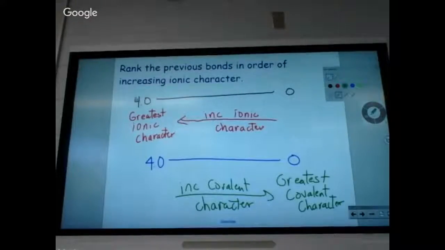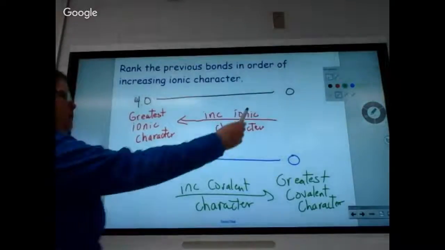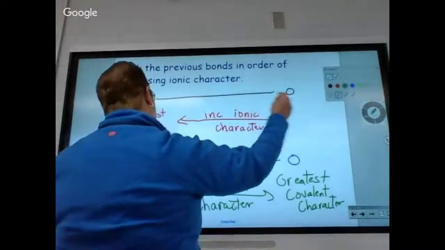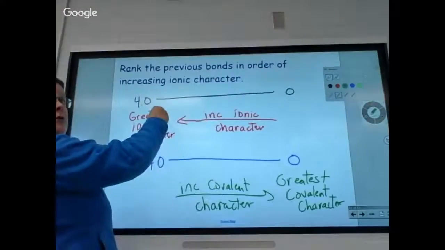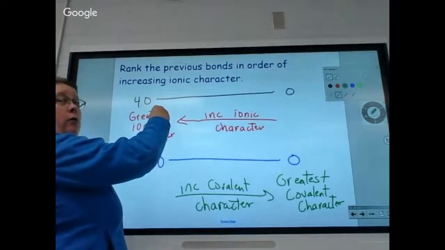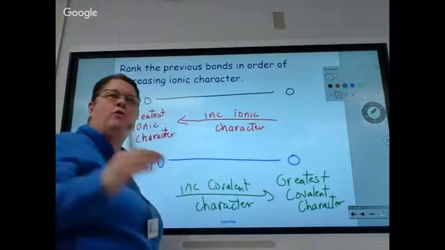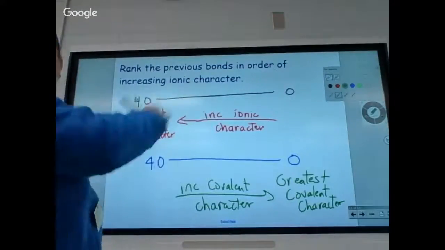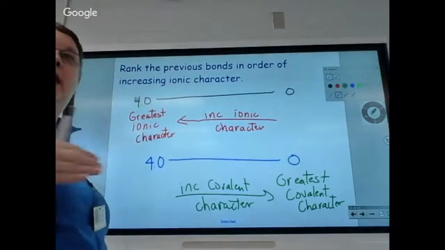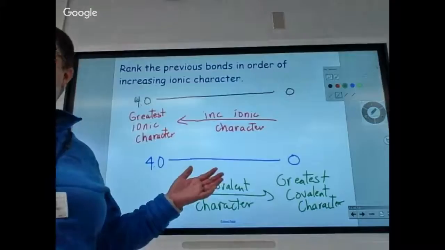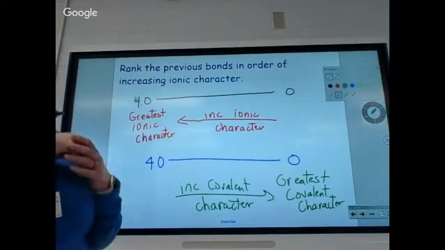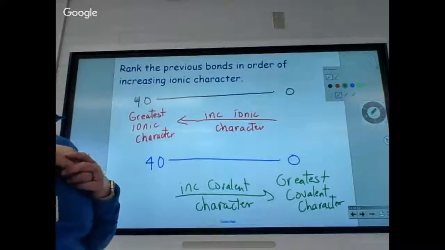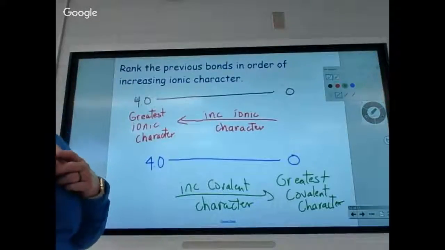So who is the least ionic? The one that's closest to 0. And we're going towards the most ionic, which would be 4. Now, who doesn't get included at all? That's right, because he's not on the scale. So chromium gets jumped. Everybody with me on chromium getting left out? He doesn't get included.